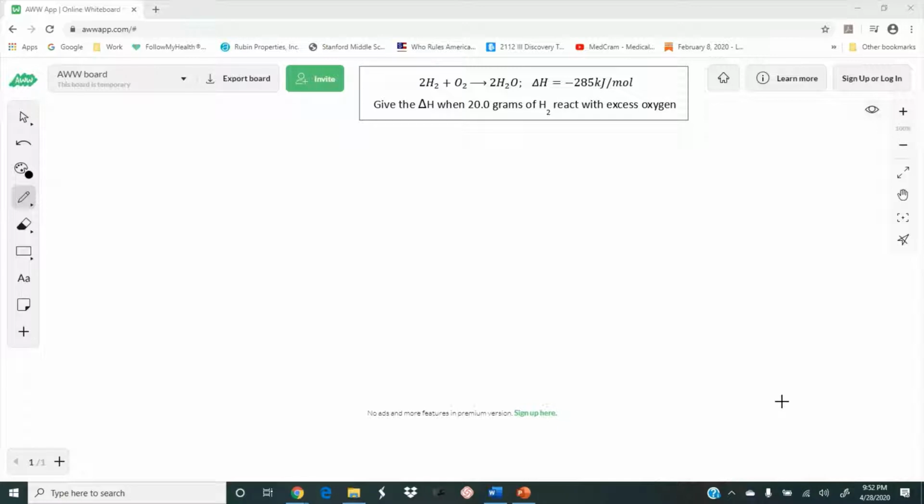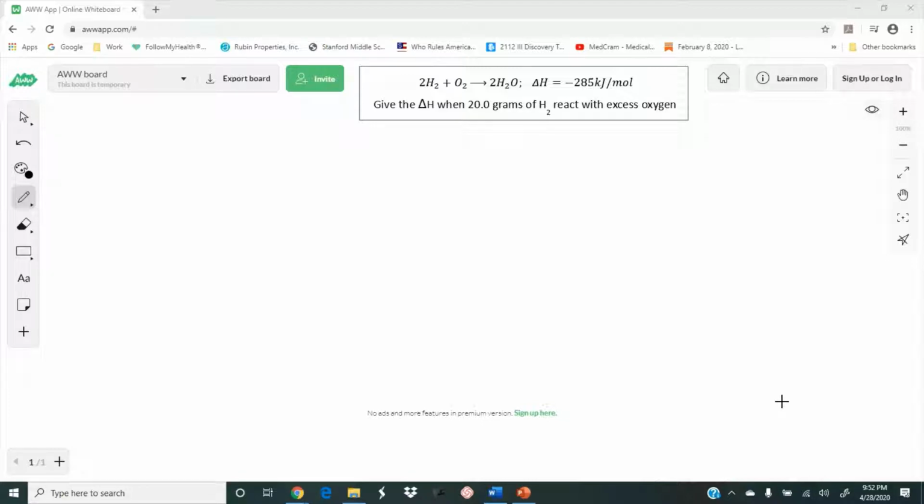This equation is balanced, that's why the 2's are there. And it's a thermochemical equation because it has a delta H, and delta H is equal to negative 285 kilojoules per mole. We'll talk about what that means in a little bit, but let's read the question first.